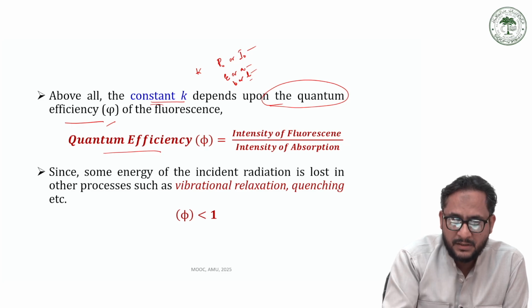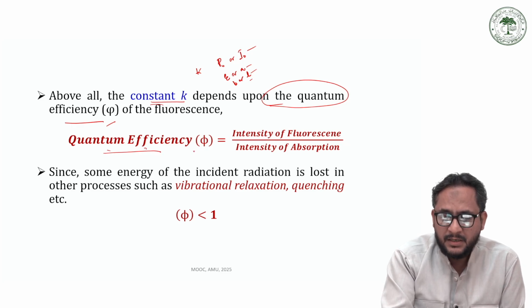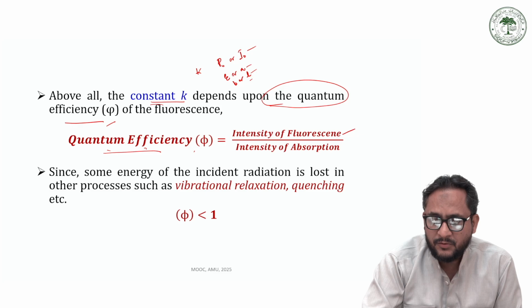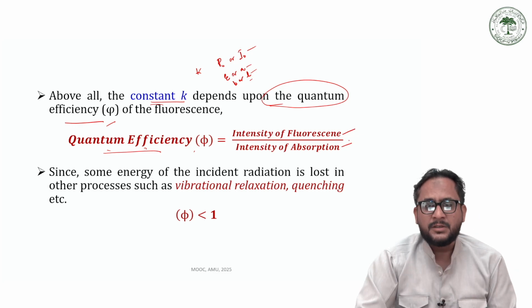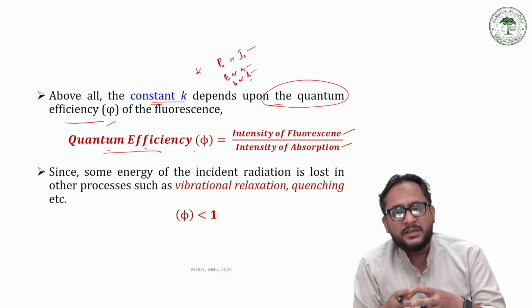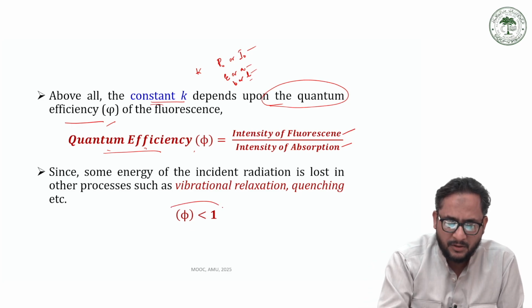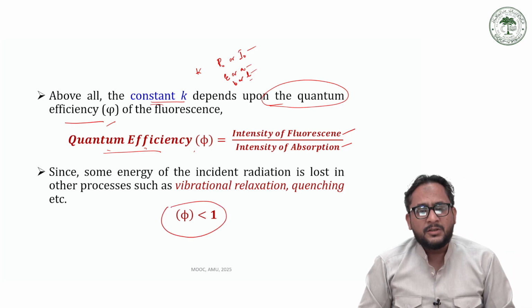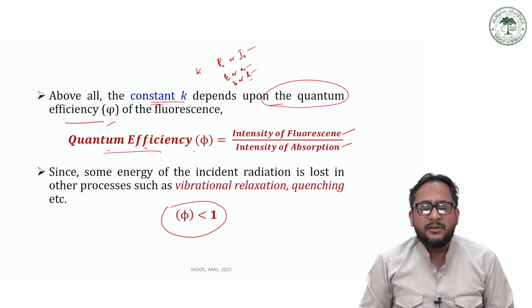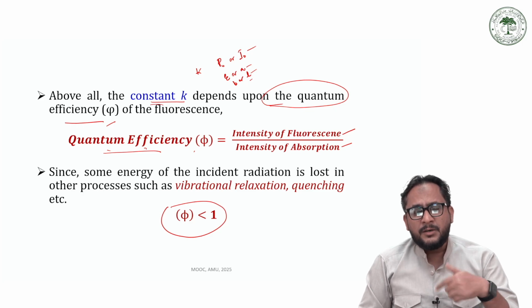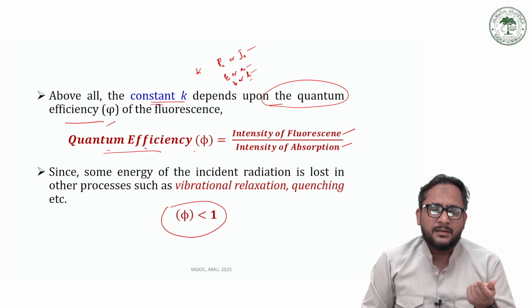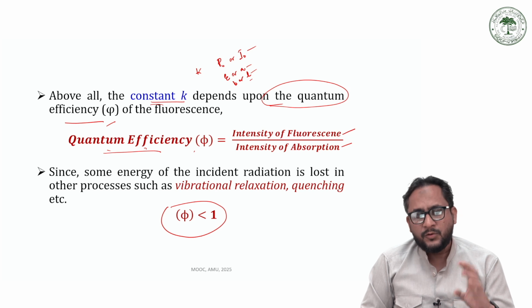The formula is given here. Quantum efficiency phi is equal to intensity of fluorescence upon intensity of absorption. So it is a ratio of the intensity of fluorescence to the intensity of absorbance, and the value of phi is always less than 1, because in no case is the intensity of light absorbed 100% converted into the intensity of light emitted through fluorescence.